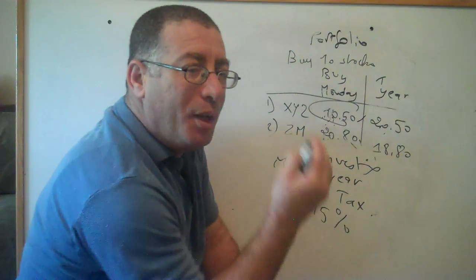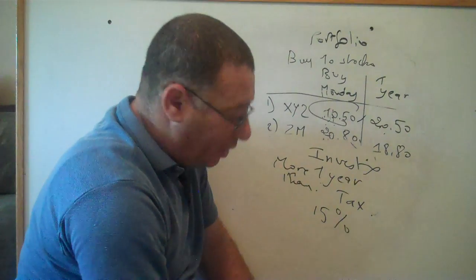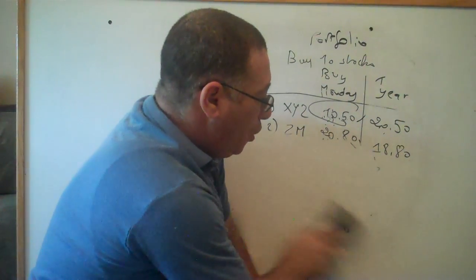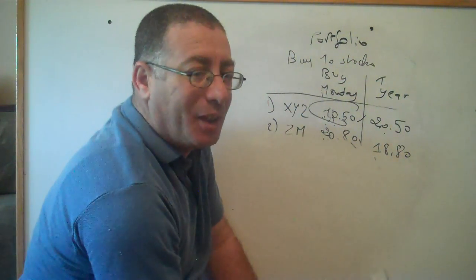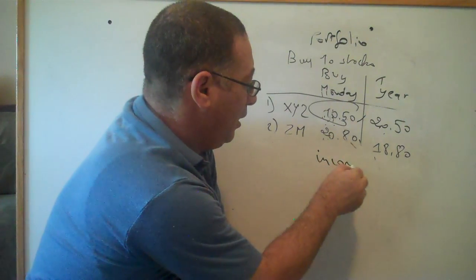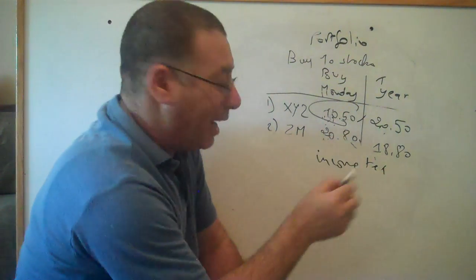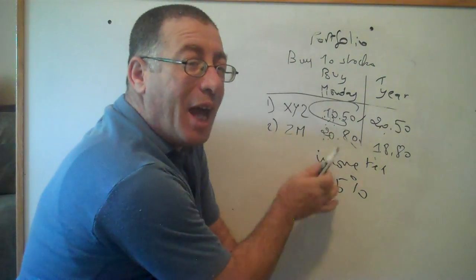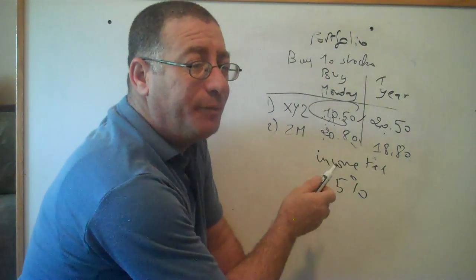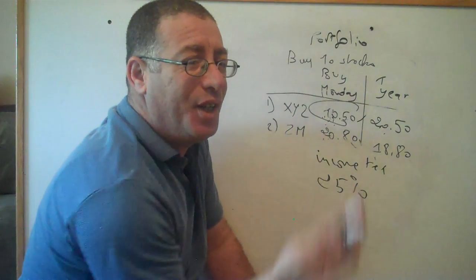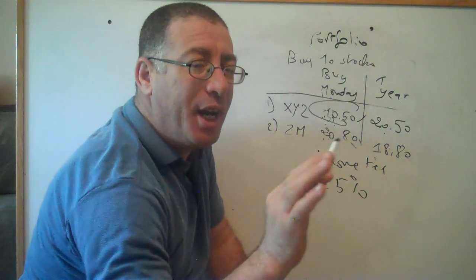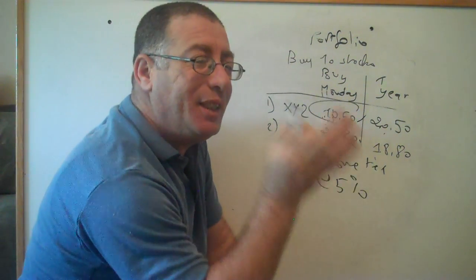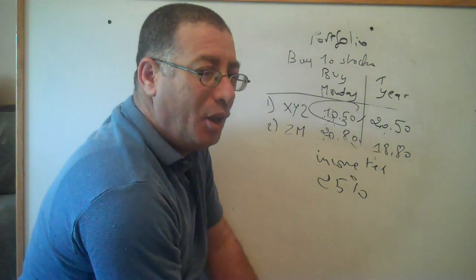But if you sell less than 1 year, you will pay an income tax. You will pay an income tax maybe like 25%. Okay? So tax is very, very important in investing and trading. All the people who trade, their profit is taxed more.